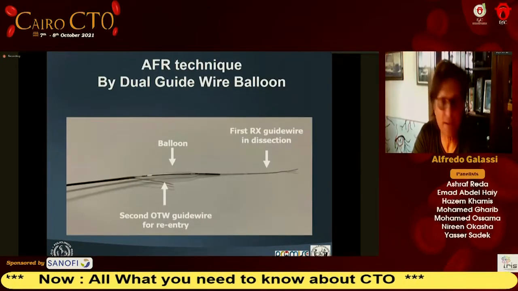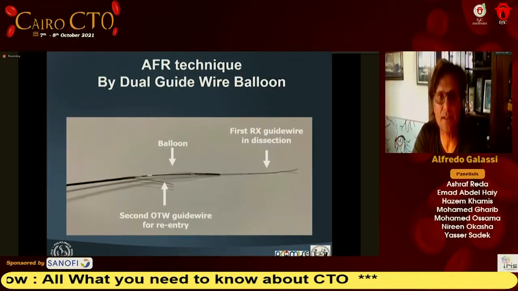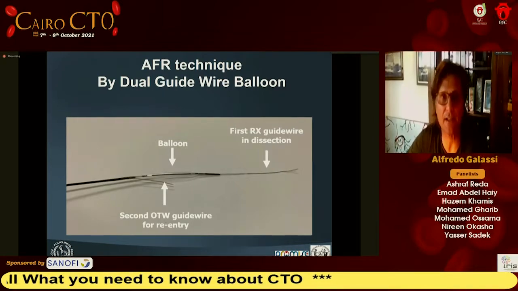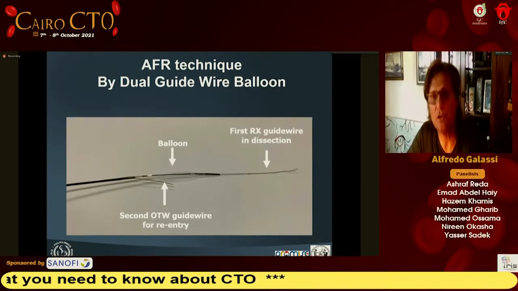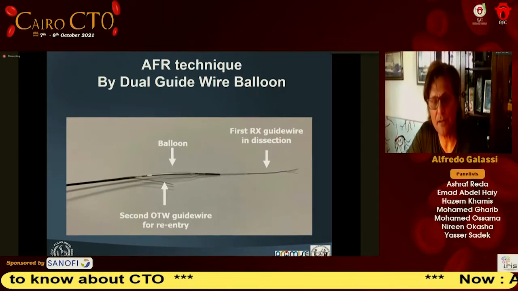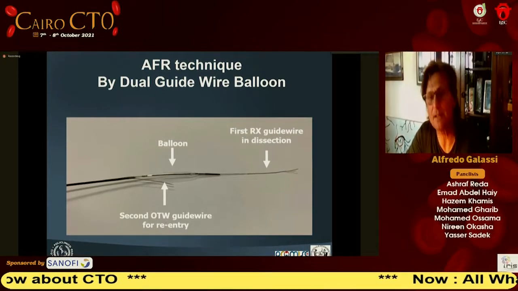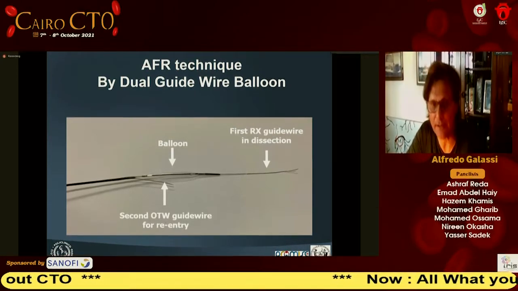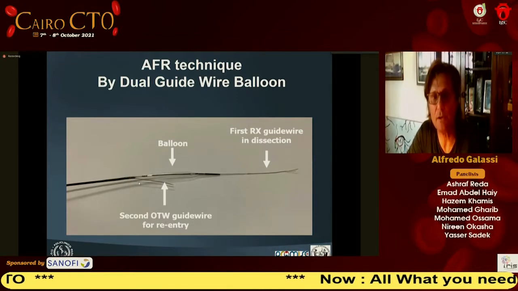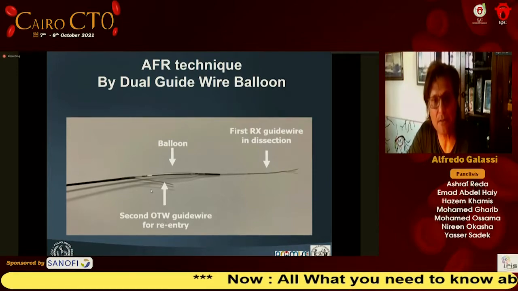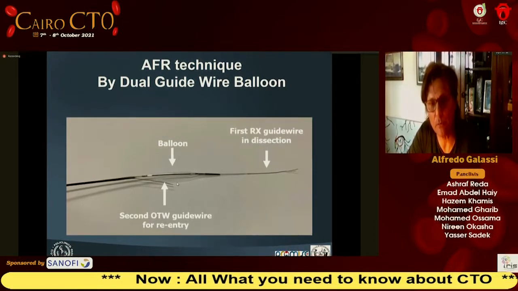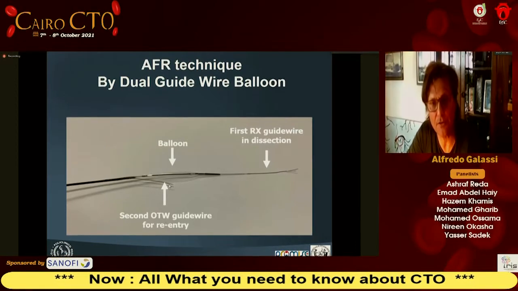Now, my final 4 slides regarding this new ADR technique, which I think may be a new revolution of antegrade dissection re-entry, by a simple device, cheap device, and probably effective device. This is the balloon. The balloon covers a standard RX wire, and then we have a second wire which enters from an OTW entry.